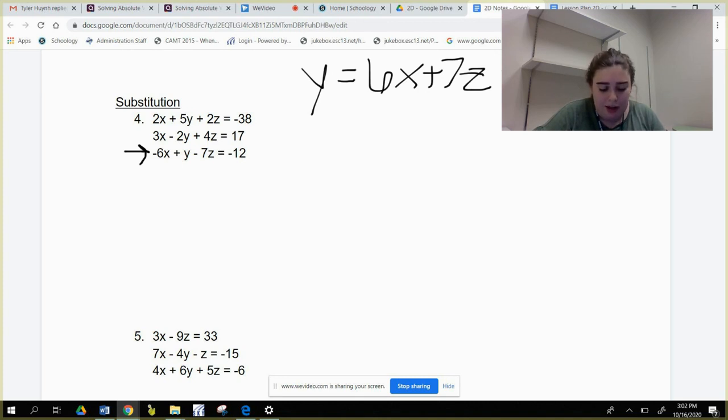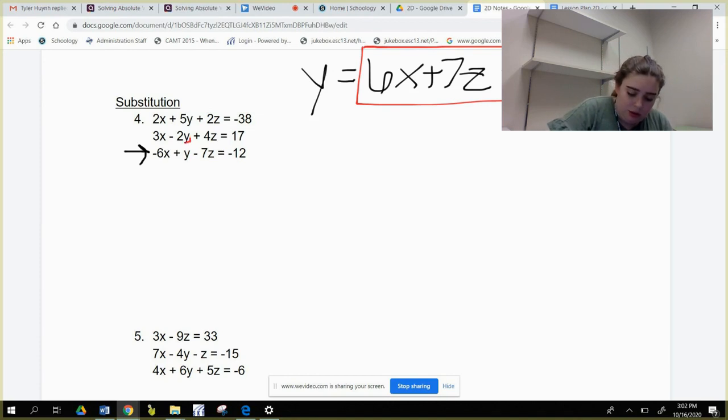Now what we're going to do with that is substitute this whole thing, which equals y, into the y in this equation and the y in this equation. Plug that back into the other two equations and we'll see what happens.